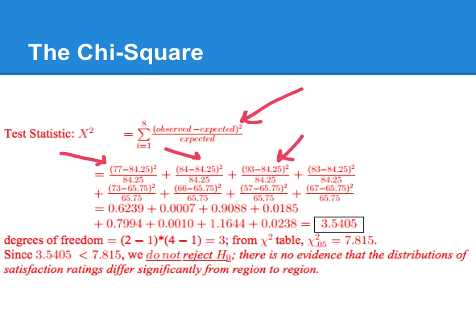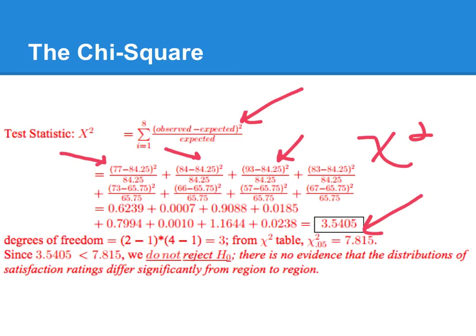We have all 8 boxes, and we add all of those chi-square values up to generate our total chi-square value. That total chi-square value is 3.5405.